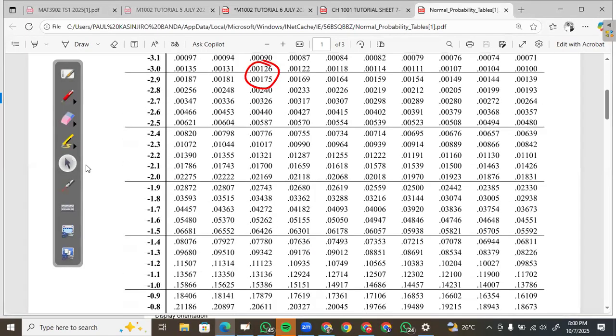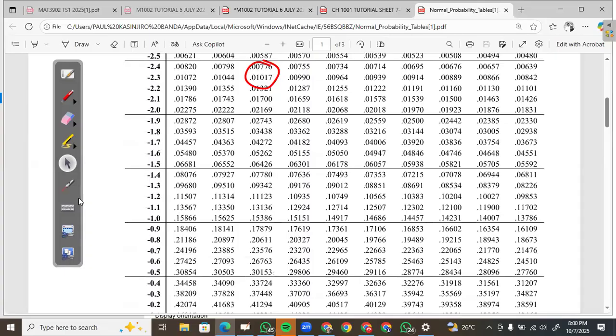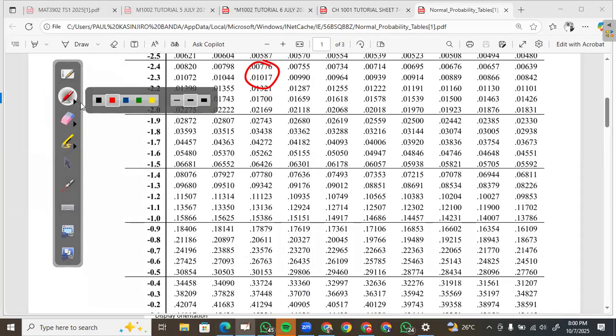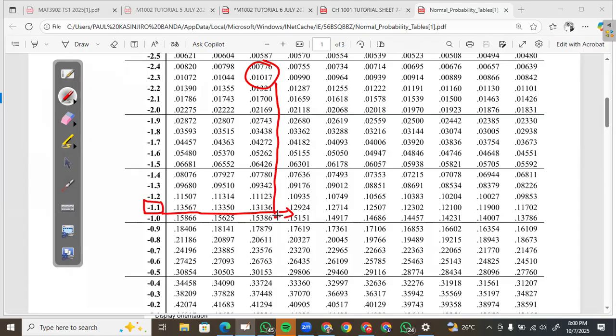So I'm looking for minus 1.1. We go there, and then we come down like that, and we get this value here: 0.13136.